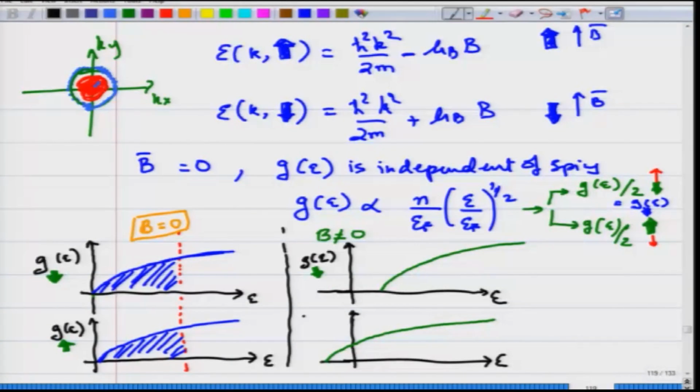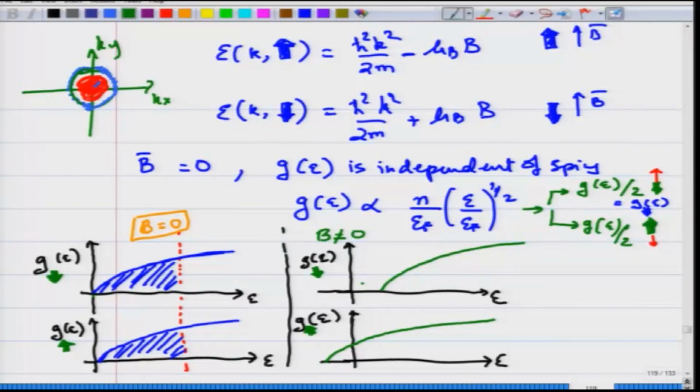So, this is the density of states of the electron with magnetization in the magnetic field direction. So, this has a lower energy.